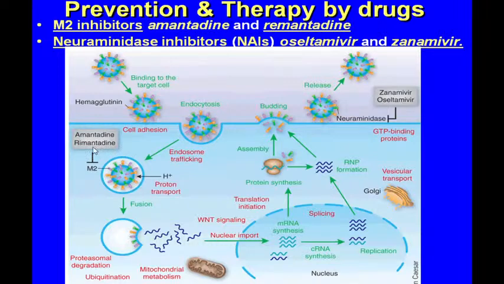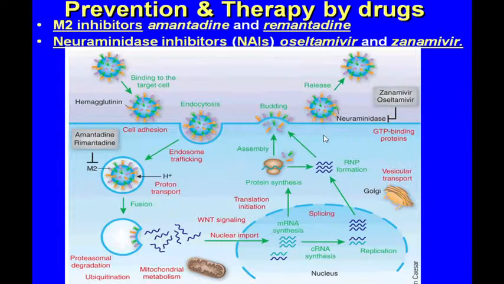Then amantadine and rimantadine, you can see here, inhibit M2 protein that causes acidification of the endosome environment and cleavage of the viral proteins and fusion of the virus and the release of the fragments of the segmented genome. This is very important.